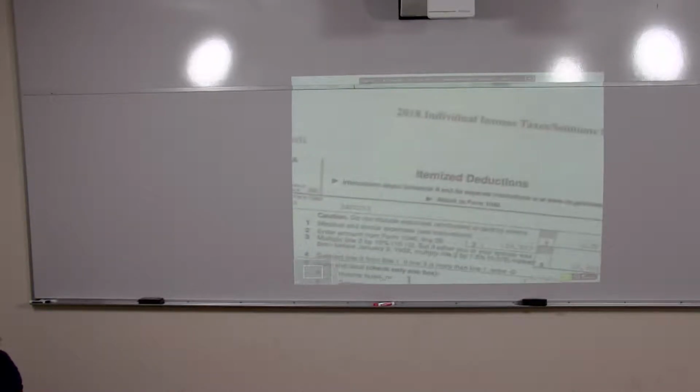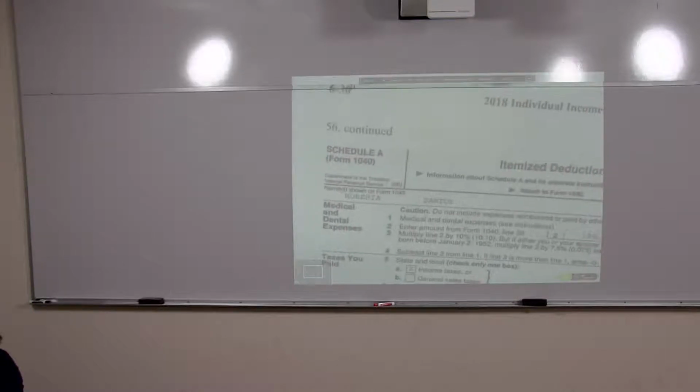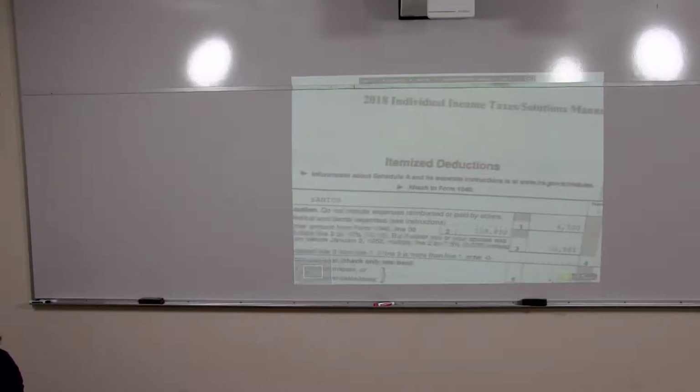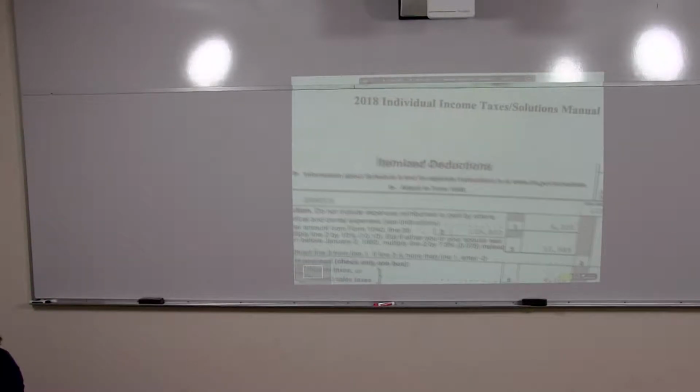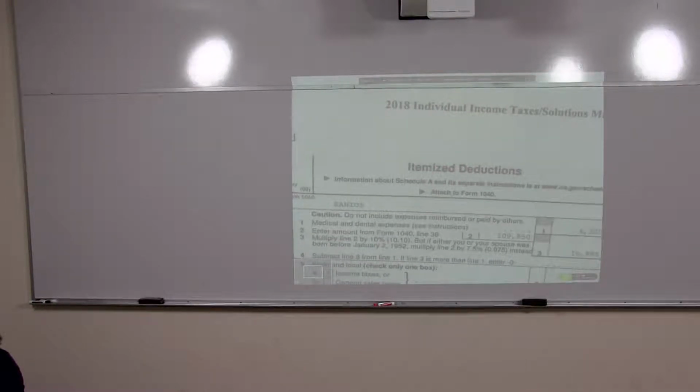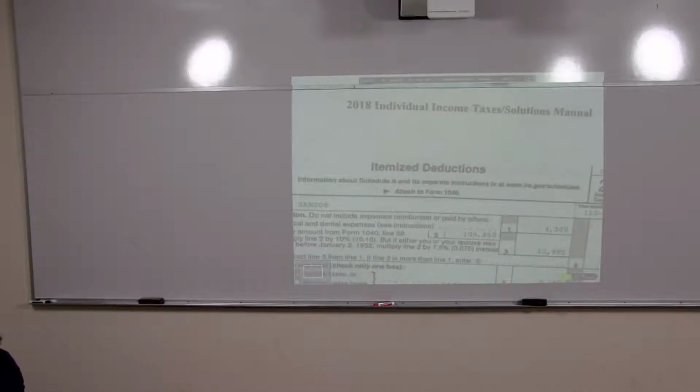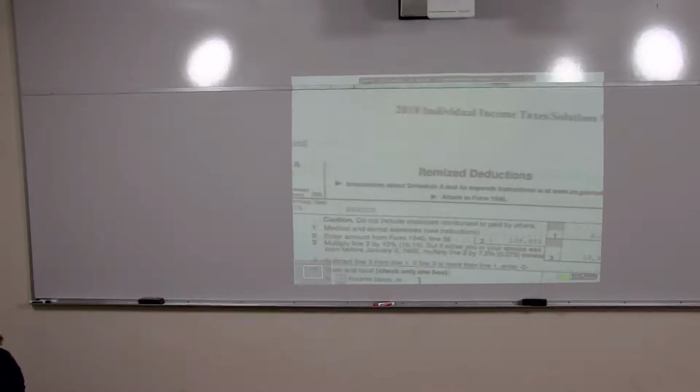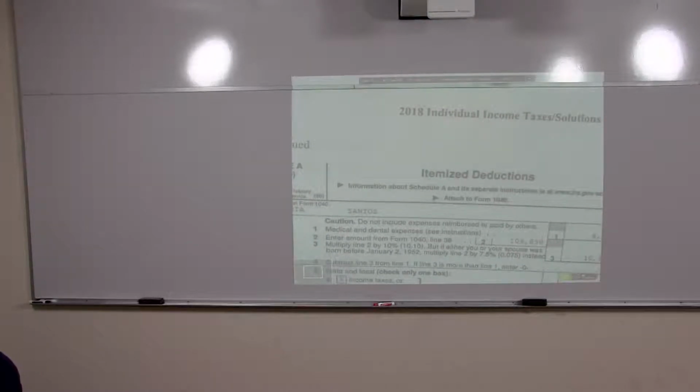If we look at Schedule A, you can see we have the taxpayer's name and her social security number. Our first section up here is medical and dental expenses. So she had medical and dental expenses of $4,300. What exactly does that include?